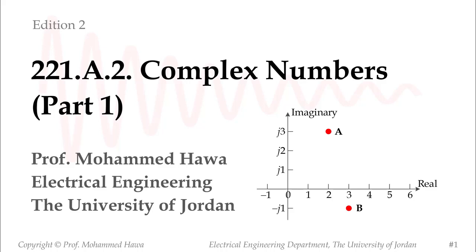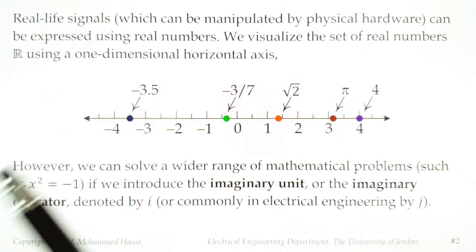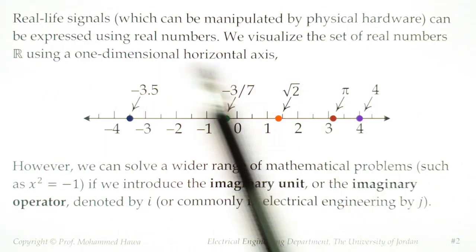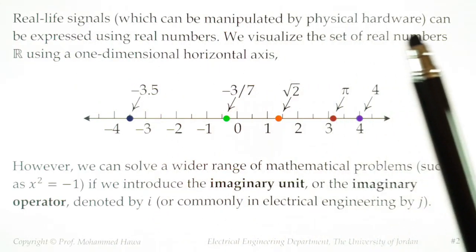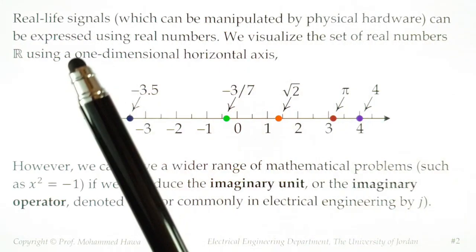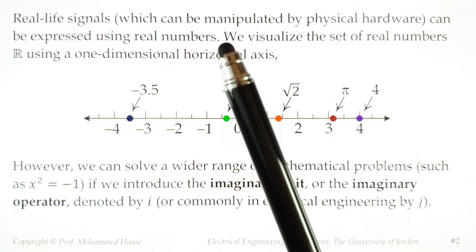Good morning. Let's talk about complex numbers, a very important topic for this course and other courses as well in electrical engineering. You're probably familiar with real numbers because real-time signals or practical signals which we can manipulate by physical hardware can be expressed using those real numbers.